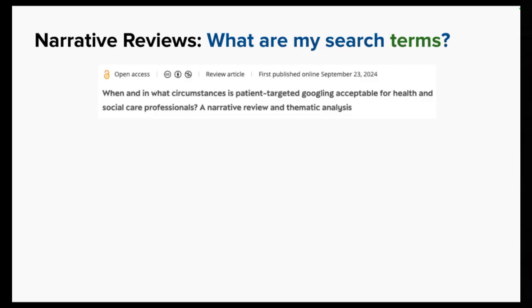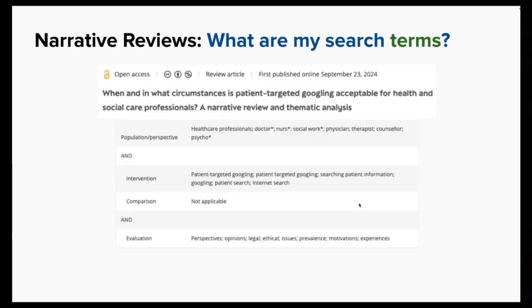So we'll look at a real example of some of the strategies we just looked at, in particular truncation. This paper is about when and in what circumstances patient-targeted Googling is acceptable for health and social care professionals. This is a narrative review, and we'll look at a few of their keywords here. Their population, we can tell they're interested in health and social care professionals from that research question. But as they think about the different keywords, they're like, well, what does that mean?